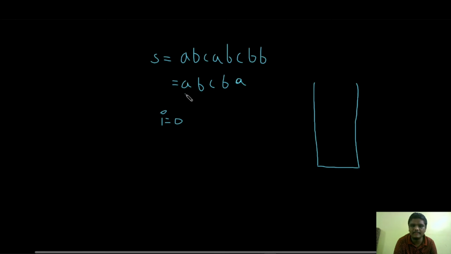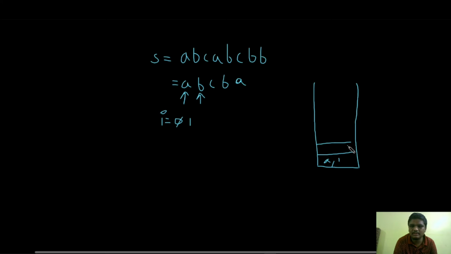So our I will be at position A. And then we are going to store A as A comma 1, right? Because that is the position of A. So now we will increment the value of I by 1. Now the I is at position B, right?